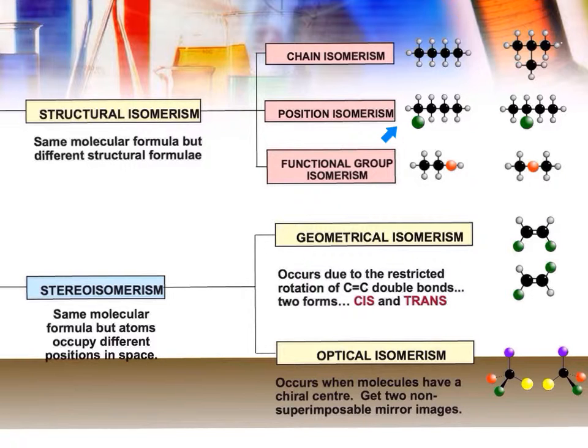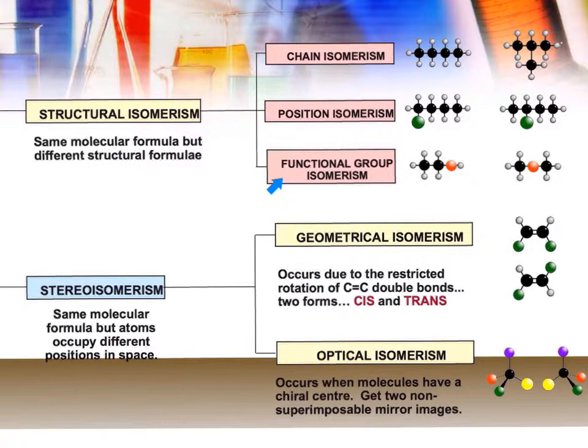Again, both chemicals have the same number of black balls representing the carbon, the same number of white balls representing the hydrogens, and the same number of green balls representing an unknown chemical. The only difference is the location of the green ball being on carbon 1 here and on carbon 2 here.